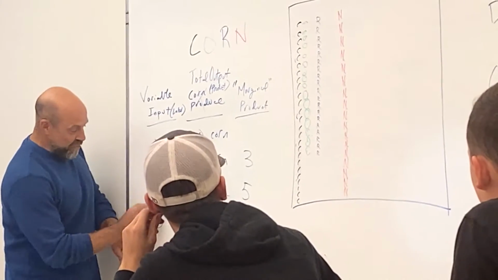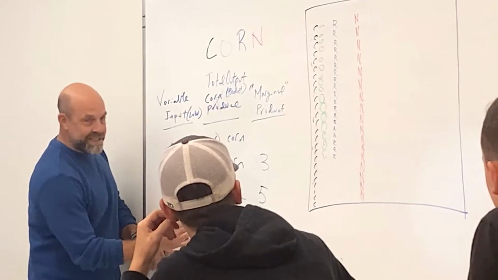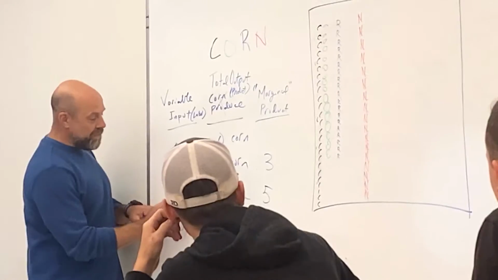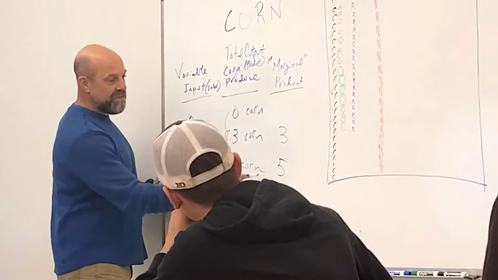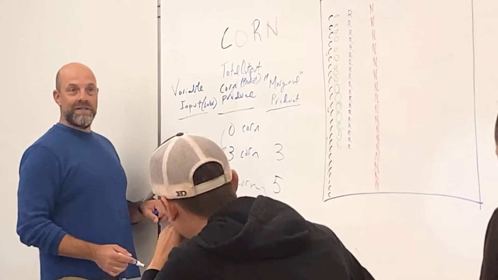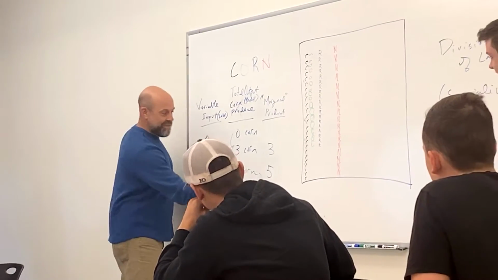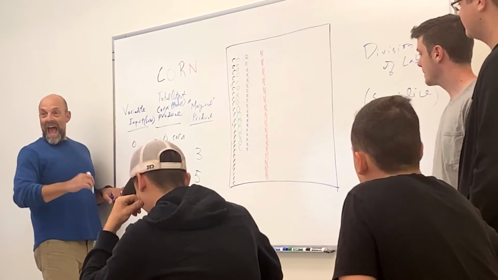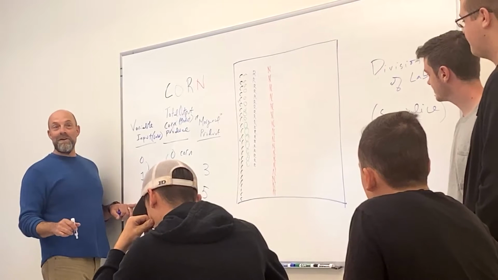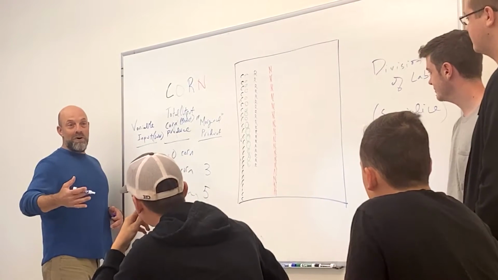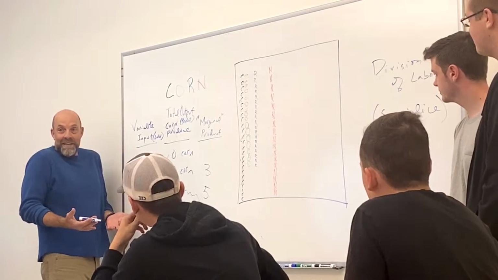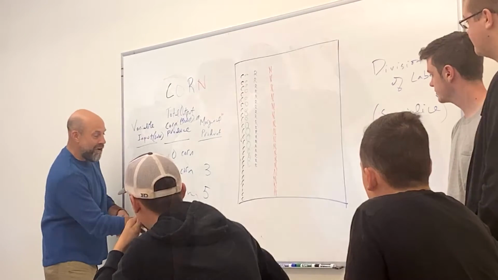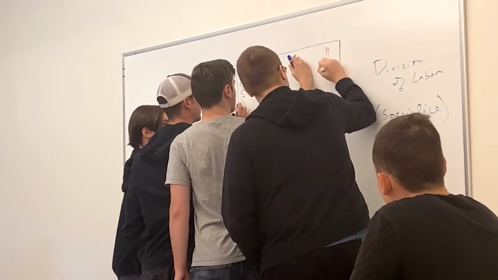With 3 people, we produced 19, but what was the marginal product of the third unit of labor? What did Dakota add? 11, right? The difference between 19 and 8. So you can see as we add each additional unit of labor, we not only produce more corn, but our productivity increases. We produce more than the previous unit.